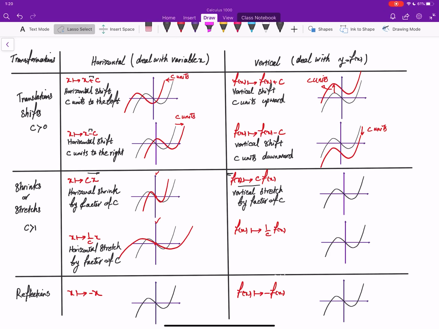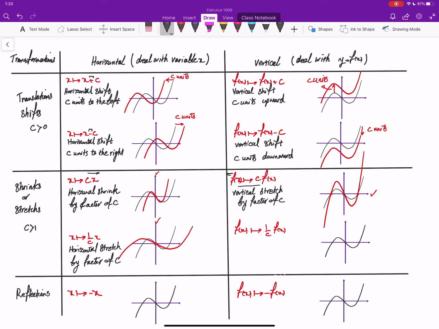And the way it shows itself in the graph is here. So we stretch everything like this. This time the x-axis stays fixed. So you stretch from both sides vertically. And whatever point we have on the x-axis will stay at the same spot.